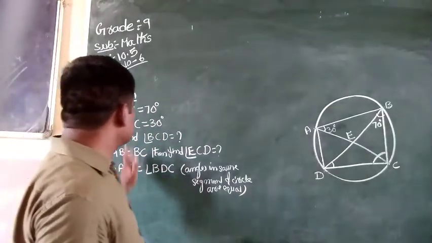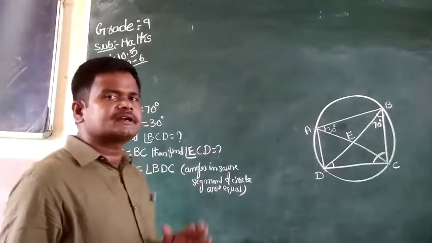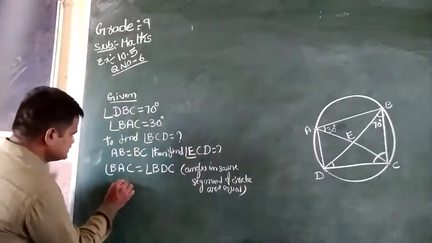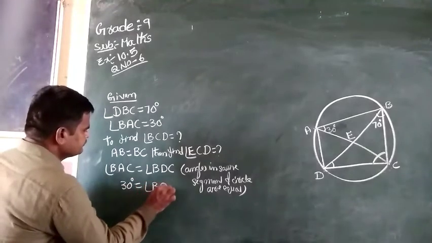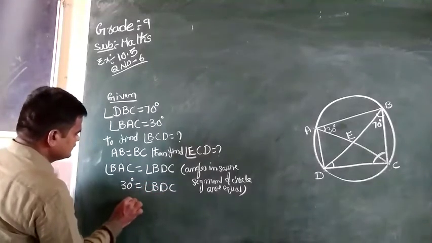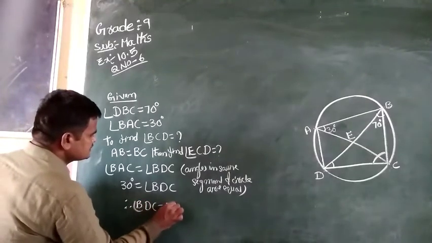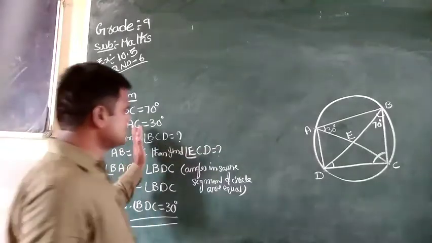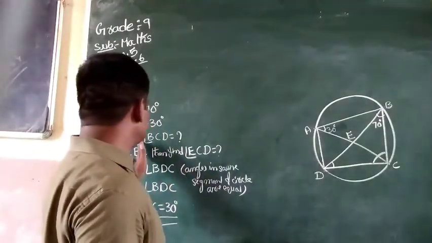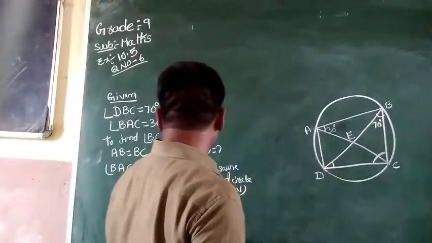So angle BAC equal to 30 degrees, then angle BDC is also 30 degrees. Therefore angle BDC equal to 30 degrees. So first one is completed.